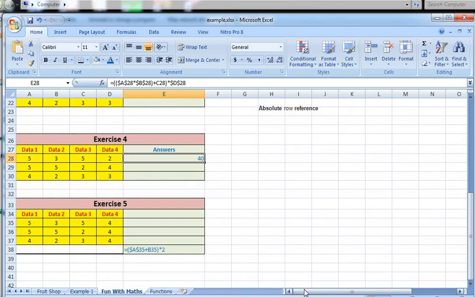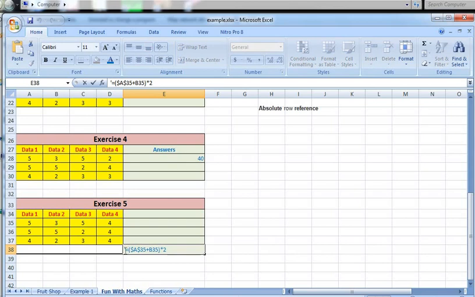Likewise, this is the next question. Absolute A35, that is 5. Add a relative, unchangeable cell, B35, and then multiplied by 2.